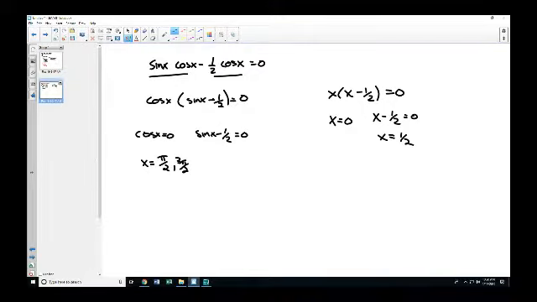Oh, I wrote that in radians. Oops. Okay, where is sine x 1/2? 30 and 150. You guys are really good at degrees. There are your 4 answers.